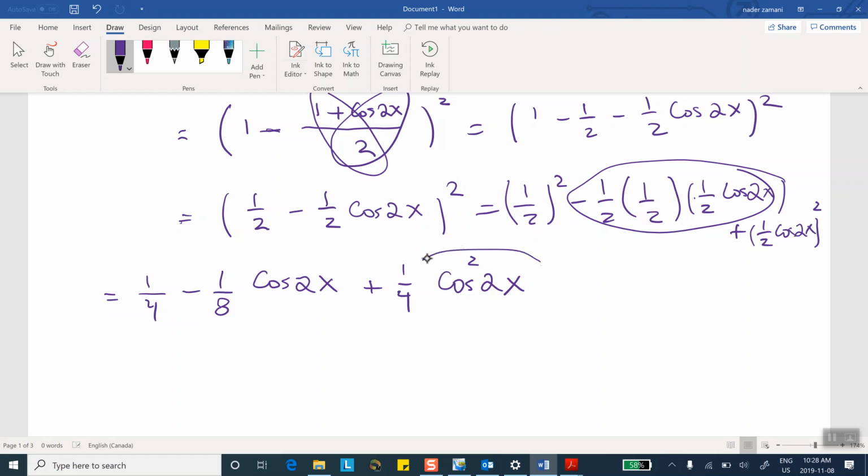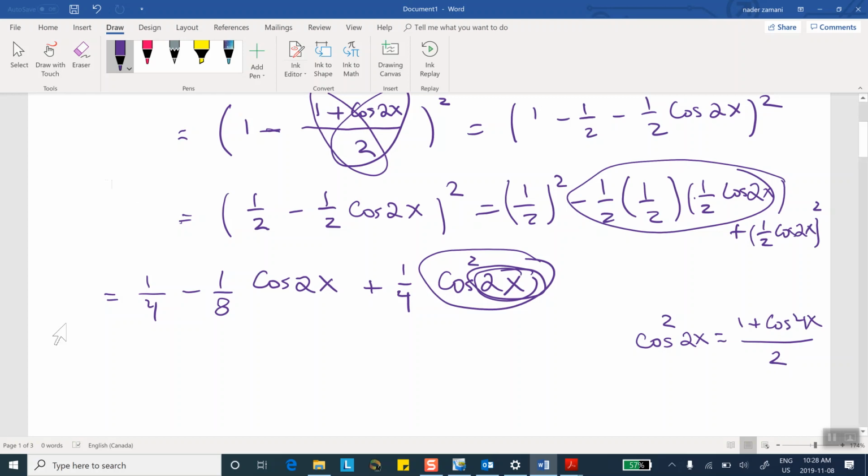Now, this is still power 2, but the same trick that I used to reduce the power of 2 using the double angle formula, I can use it again. In other words, we know that cosine squared of anything, for example here 2x, equals 1 plus cosine of double that thing, 4x, divided by 2.